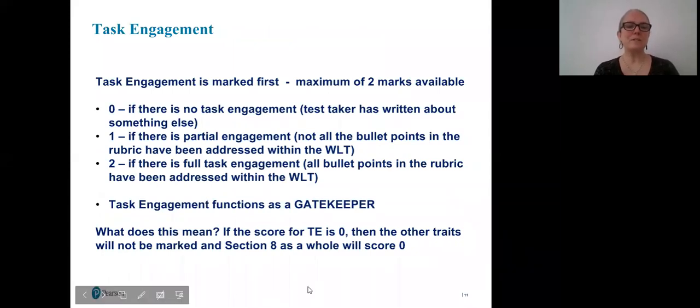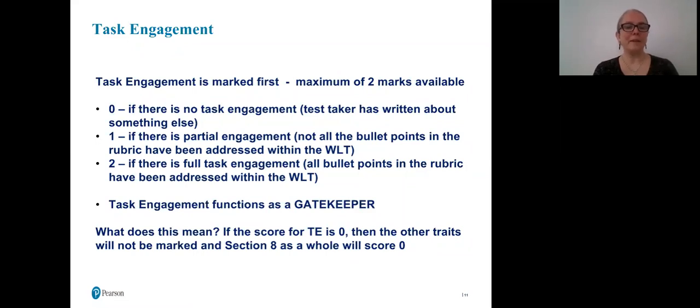So the first trait that the examiner will look at is task engagement, where a maximum of 2 marks are available. The test taker would score 0 if there was no task engagement, i.e. the test taker has written about something else.